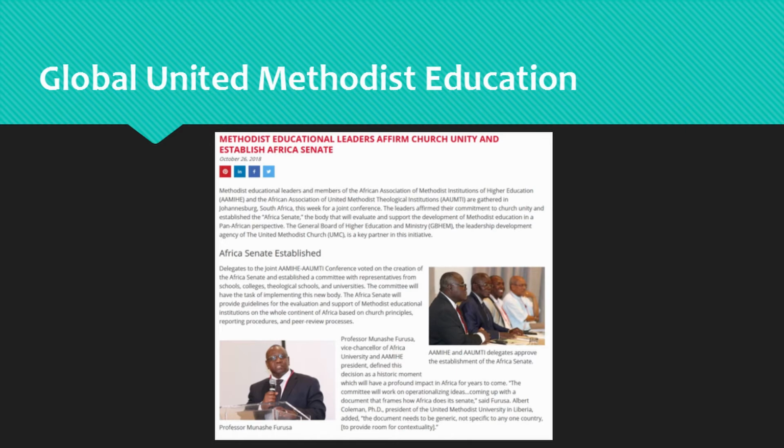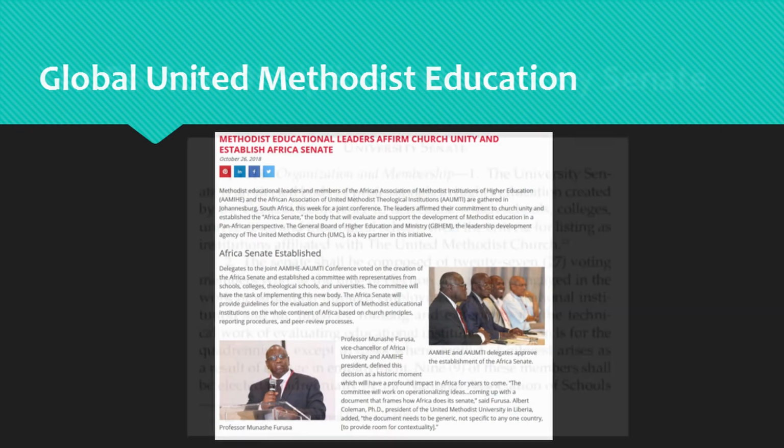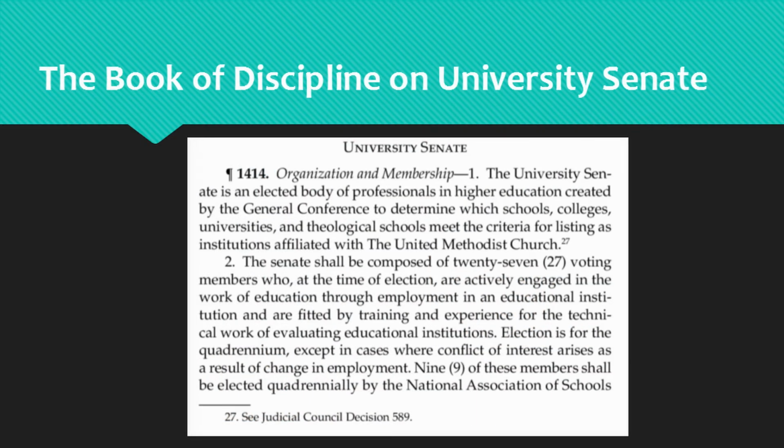There are similar bodies reviewing and relating to educational institutions in Latin America and in the Philippines. In all, more than 1,000 Methodist educational institutions are part of the worldwide network. However, only one of those bodies, the University Senate, includes members elected by General Conference.